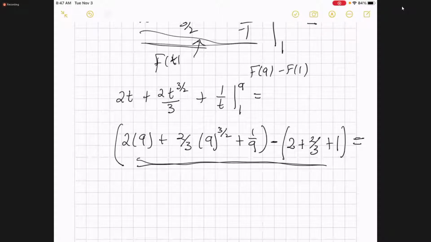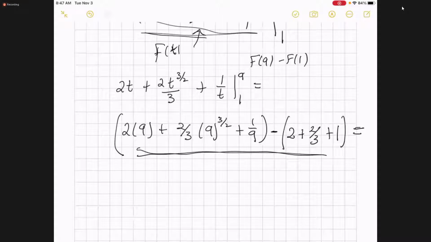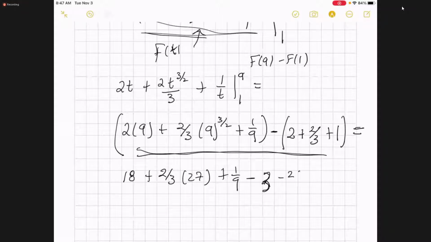So 2 times 9 is 18 plus 2/3, and then we have the square root of 9, which is 3 cubed, so that's 27, plus 1 over 9, minus 2 minus, okay, 2 plus 1 is 3, so add those together. So I've got 18 minus 3, that's 15.